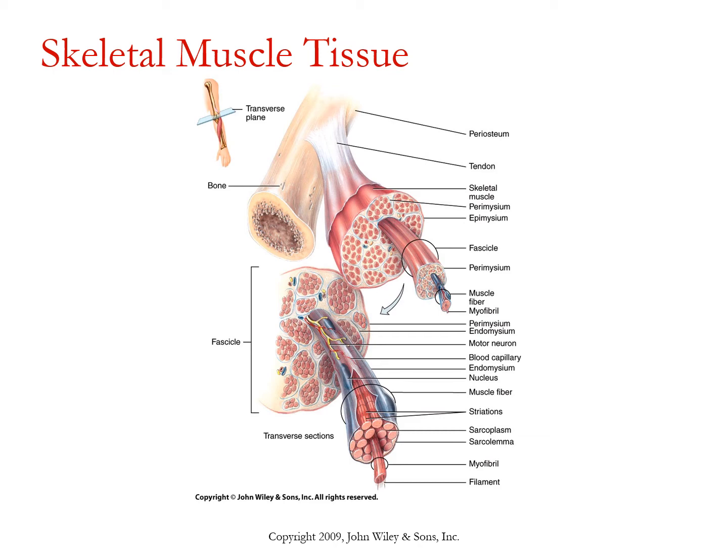Each skeletal muscle fiber is surrounded by its own individual sheath of connective tissue called the endomysium. So let's go from smaller to larger now. Each muscle cell or fiber is surrounded by endomysium. Several fibers with their endomysium are bundled together in fascicles, which are surrounded by perimysium.